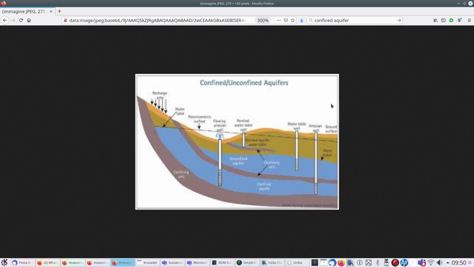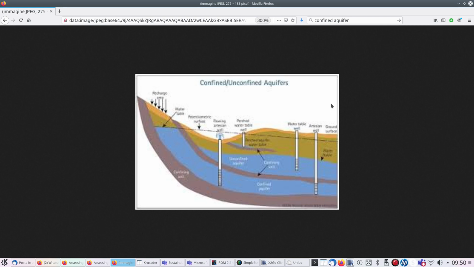Water can climb up to the blue level on the left, which is decreased a little bit because you have a decrease of power, a decrease of energy, as water travels downstream along the aquifer.